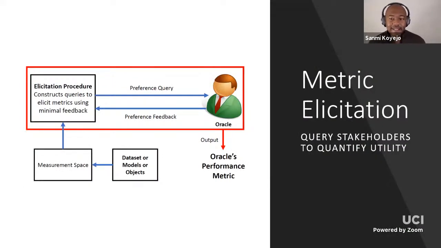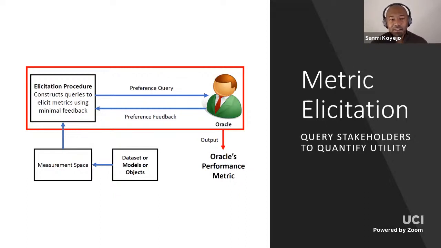The idea is we want to come up with strategies that can query stakeholders in order to quantify the utility, the utility here being some measure of performance of the model. This would be especially important and interesting in fairness applications, as I'll talk about in a few minutes. The rough idea is that there's an elicitation procedure, which is the algorithm that we're going to develop, and it constructs a sequence of queries.